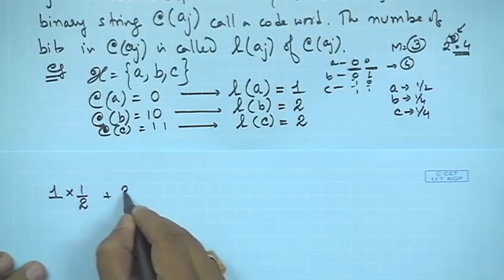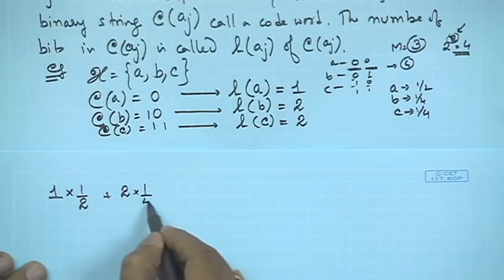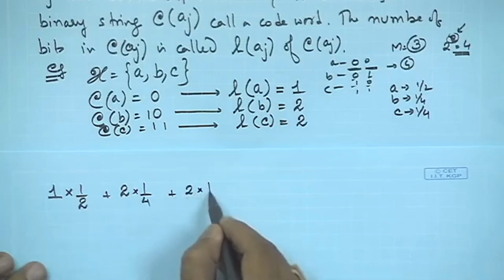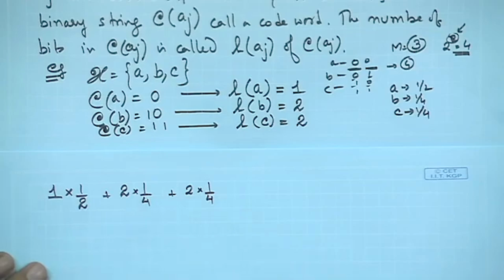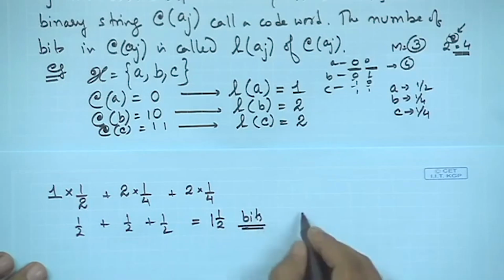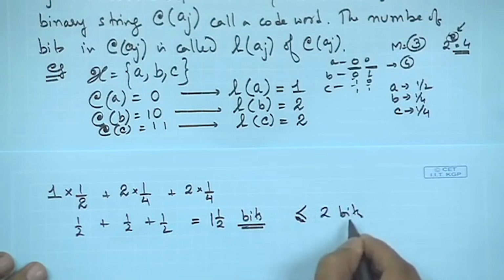Plus we get 2 bits whenever B comes, and B comes 1/4 of the times, plus 2 multiplied by 1/4 for C. So, this results in half plus half plus half, which is equal to 1.5 bits on average. This is less than the 2 bits used in the case of fixed length code.